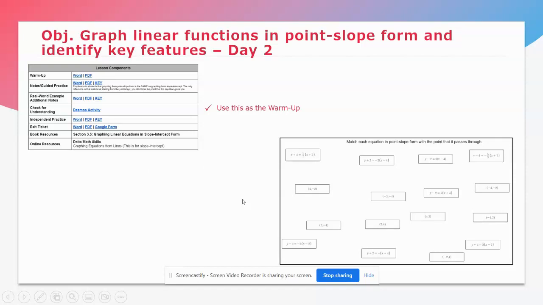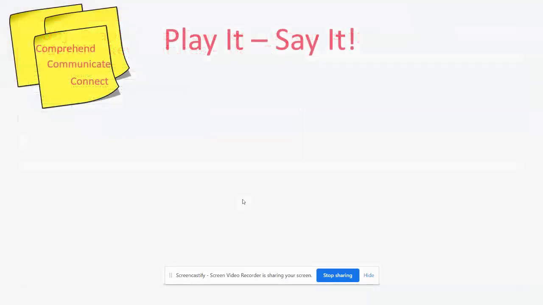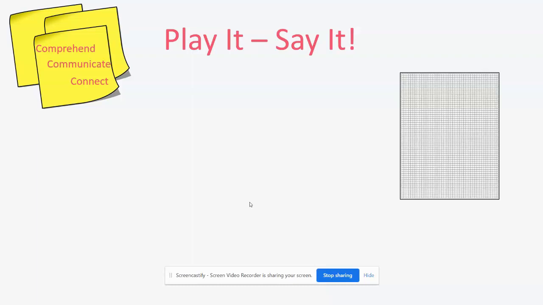So one suggestion that you can do for the review activity is play it, say it. All you're really doing is having them do a worksheet out loud. What you start with is cutting up graph paper.